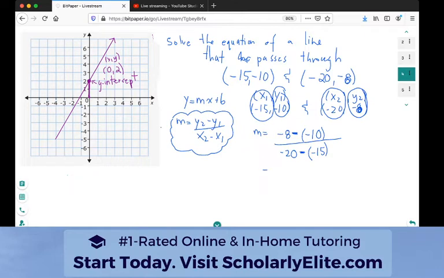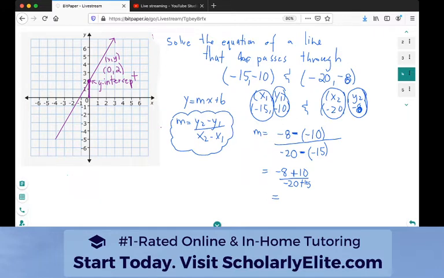So using our integer rules, this is now going to become negative 8 plus 10. And this is going to become negative 20 plus 15, which now makes this top answer. So remember, we do the numerator separately and the denominator separately, and then we go ahead and solve for the final answer. Okay, guys?